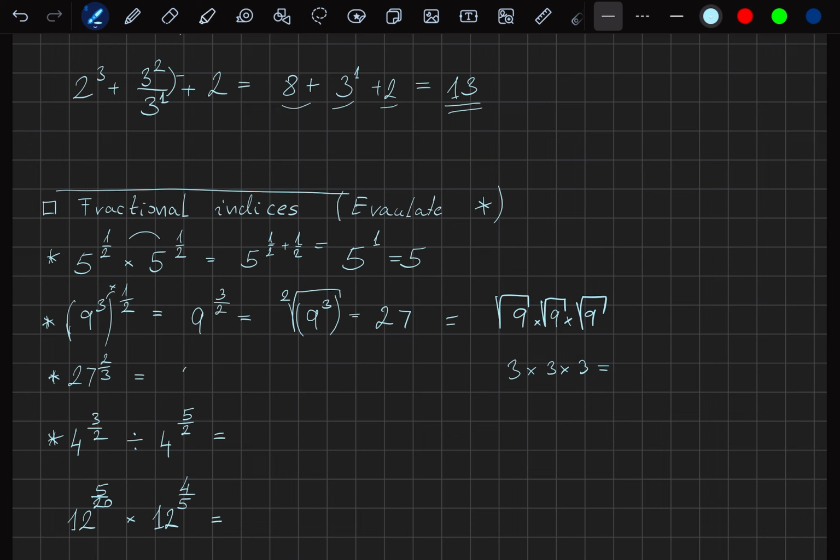Okay, next one. It's 27 to the power 2 under the cube root. So the 27, it's 3 to the power 3 times 3 to the power 3. And we can just write like this the roots, the cube roots, and it will be 3 times 3, so it's 9. Okay, so I will just explain this.